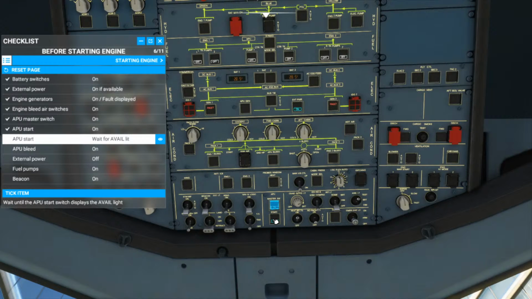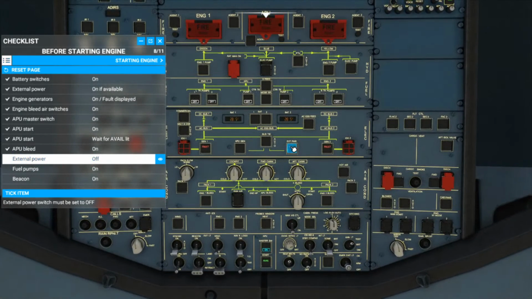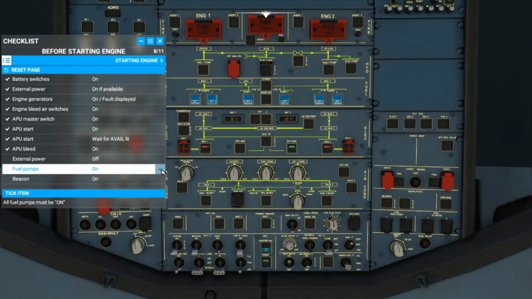So wait until it's fully started, and then you go to APU bleed and switch it on. And once we've done that, I've done this multiple times, but I don't remember everything. Here we go. Tick tick. External power. Now I'll turn it off. And fuel pumps. Make sure they are all on.